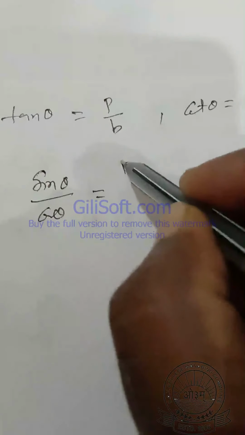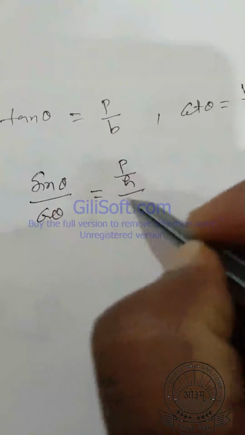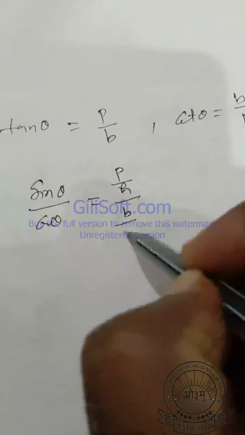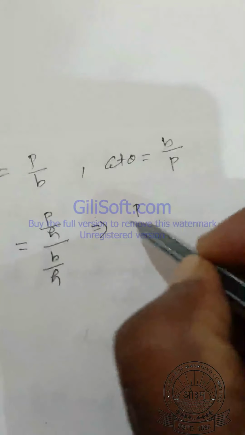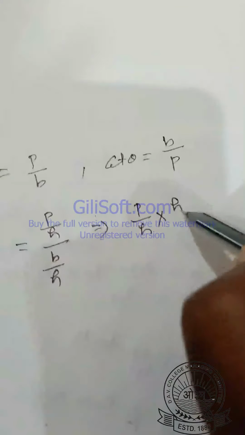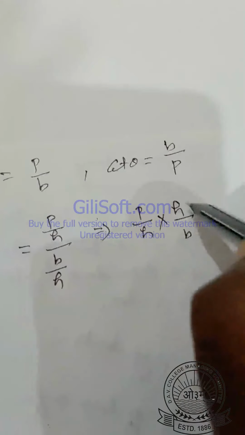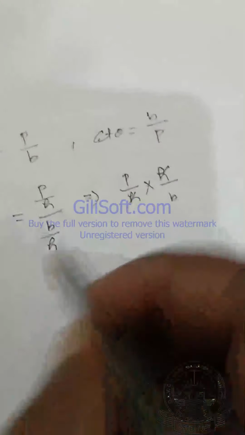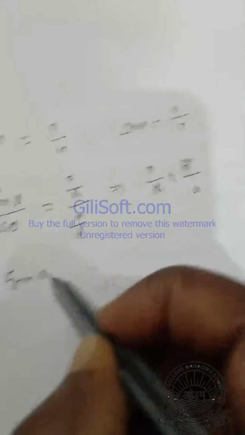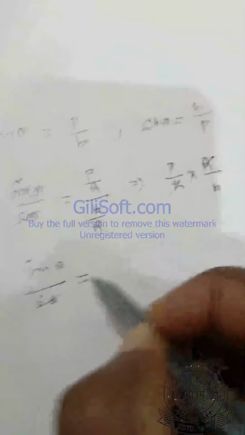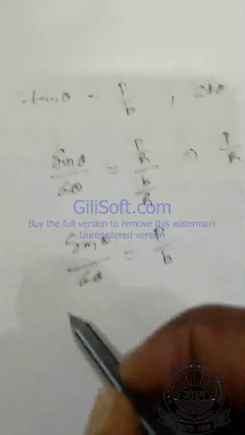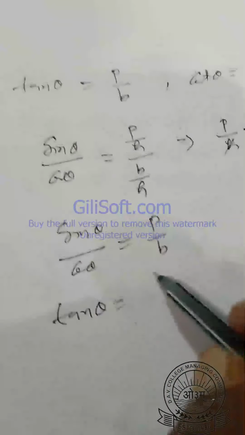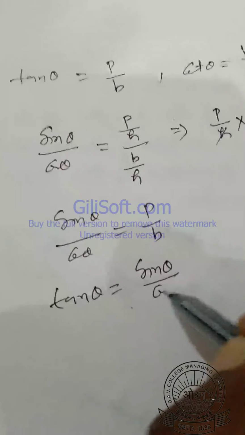You should write here perpendicular by hypotenuse, and this is base by hypotenuse. Then we get perpendicular by hypotenuse and hypotenuse by base. Base cancel, so we get sin theta by cos theta is equal to perpendicular by base, and we know that perpendicular by base means tan theta. So you can write here one more, tan theta is equal to sin theta by cos theta.